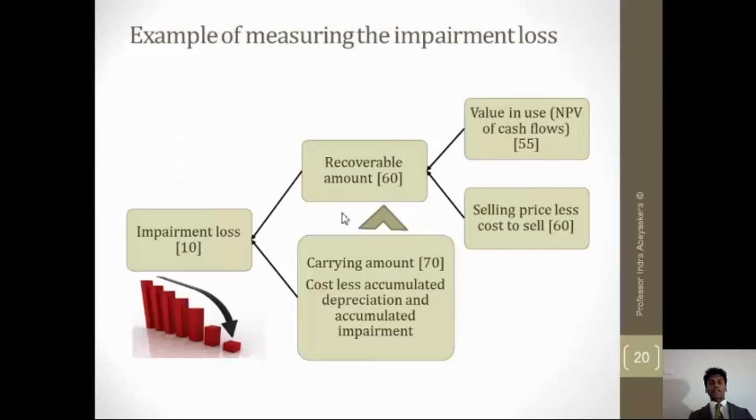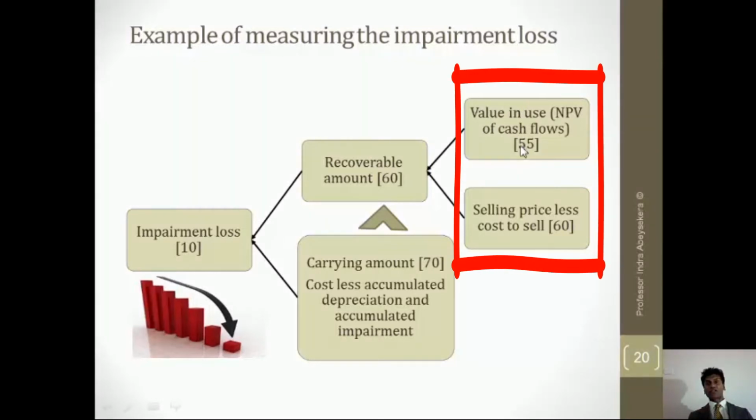So let's take an example. If we use the asset, then we will get a cash inflow in present value of 55. If we sell the asset, once we have sold, and after selling cost we get 60.